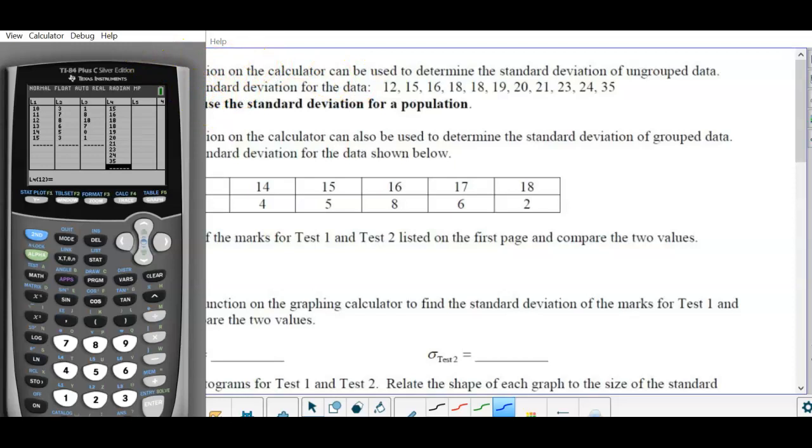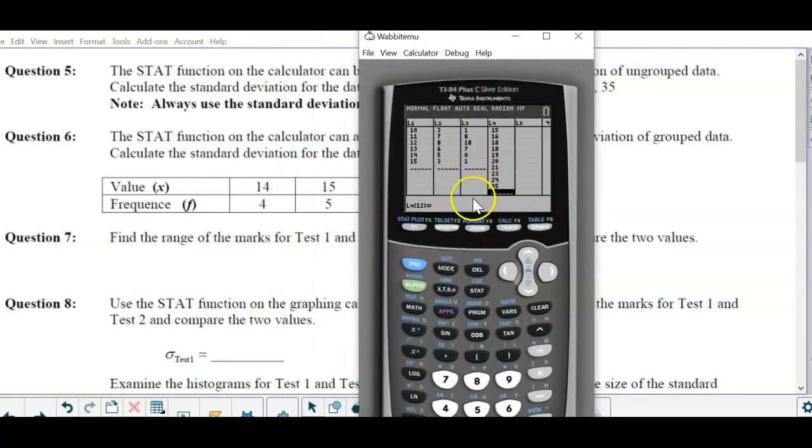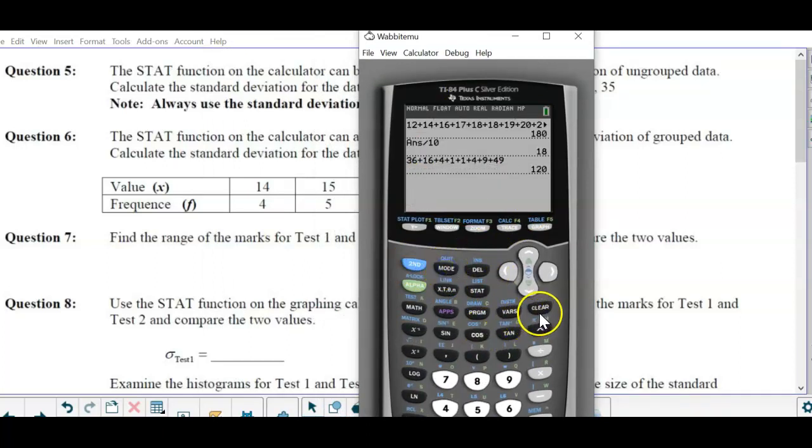So standard deviation, we do the same as when we're calculating the mean. So quit out of that. Okay, go stat, calc, one variable stats. Now I put that list into L4, so I do need to change my list to L4, and my frequency, just delete it, because remember there's just one of each of these.